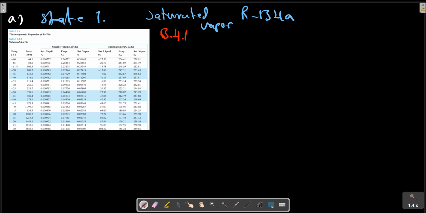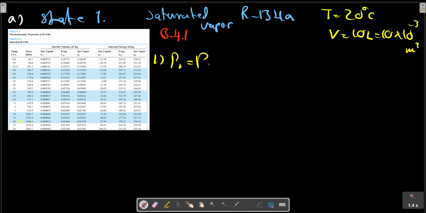For this temperature, 20 degrees centigrade, and also V of 10 liters, 0.01 meter cubed, we have this information.